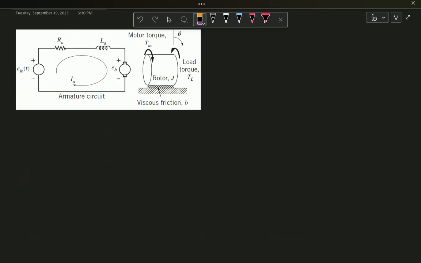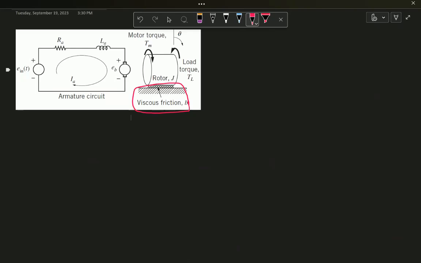Now, this DC motor, when you apply some voltage on it, is going to give you a torque, and we consider that torque as an input to the mechanical side. All the bearings that are supporting the rotor and the armature, we lump them in a viscous friction model.